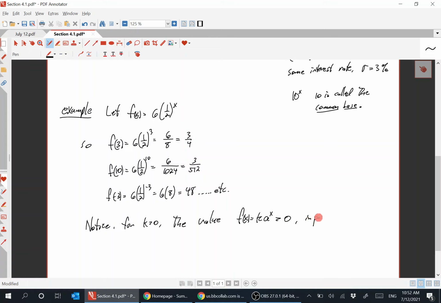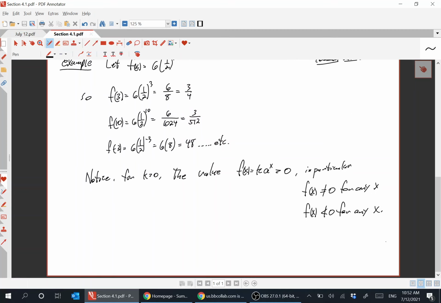So in particular, f of x is not 0 for any x, and f of x is not less than 0 for any x. So exponential functions are strictly positive, as long as that k is positive. I mean, k could be negative, in which case it's always negative. Usually not. Usually you're modeling positive quantities when you're dealing with exponential functions.